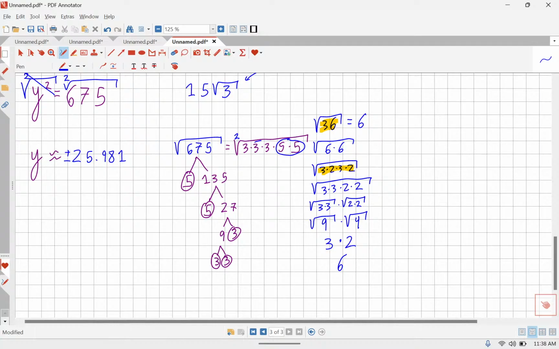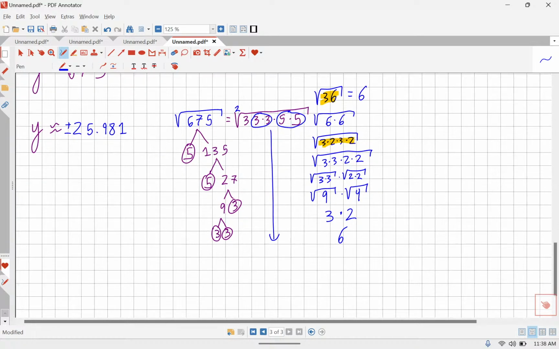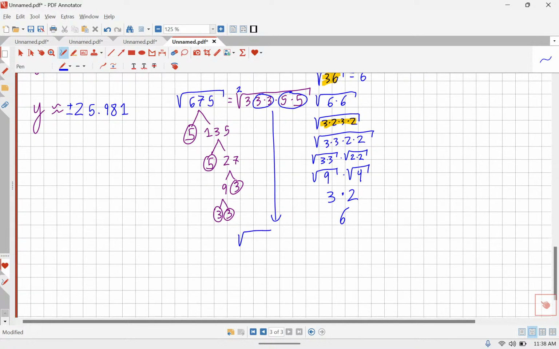I see a pair of 3s. I can split this between the stuff that has pairs and the stuff that doesn't. So I'm going to split this like this. The square root of 3 times 3 times 5 times 5 times the square root of 3.